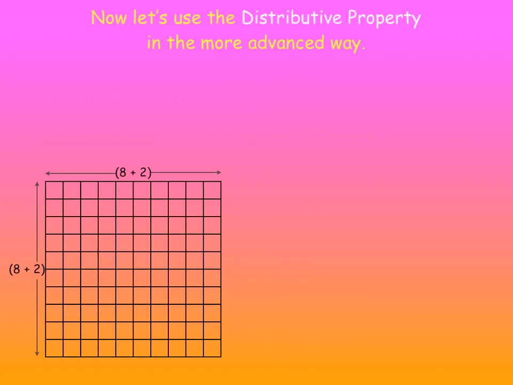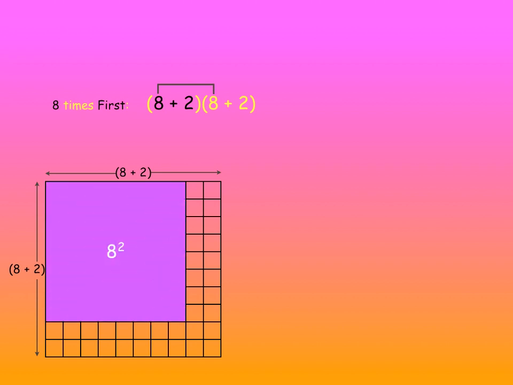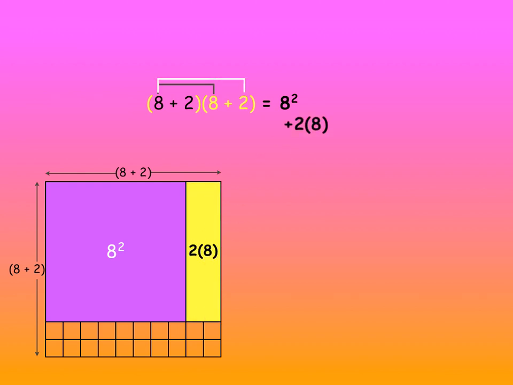Now, let's use the distributive property in the more advanced way. 8 plus 2 times 8 plus 2. 8 times the first number gives us 8 squared. And 8 times the last number will add 2 times 8.